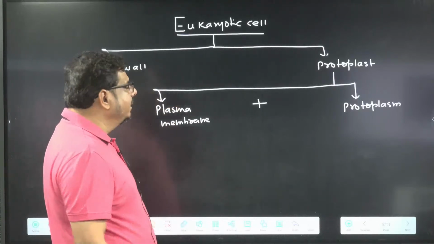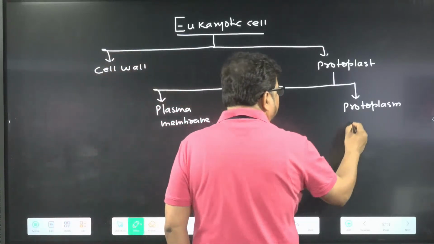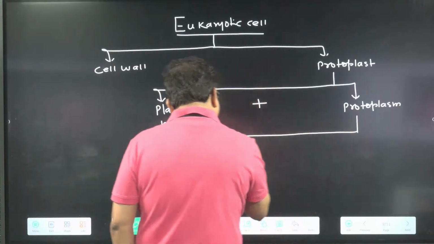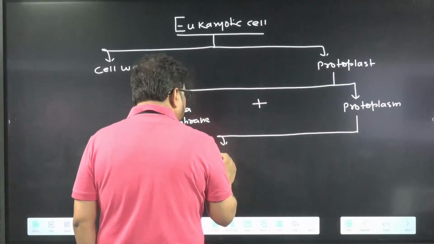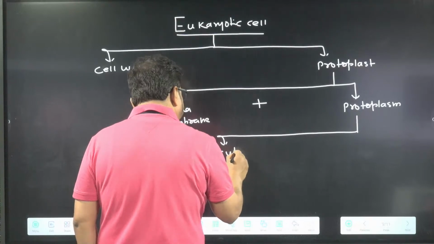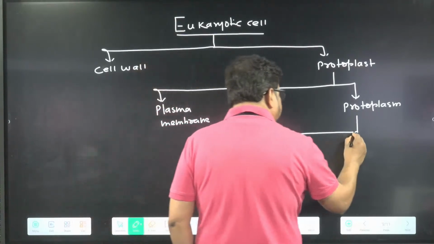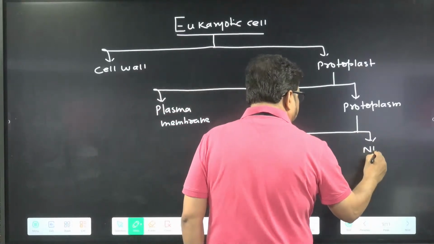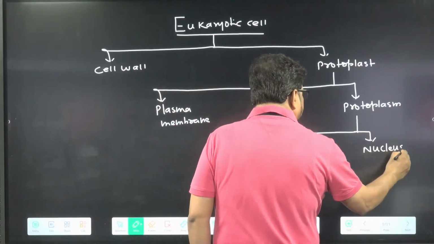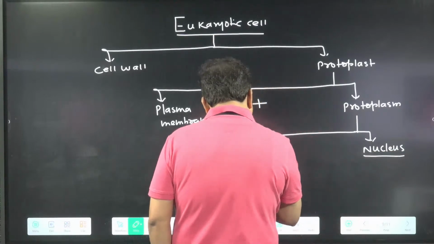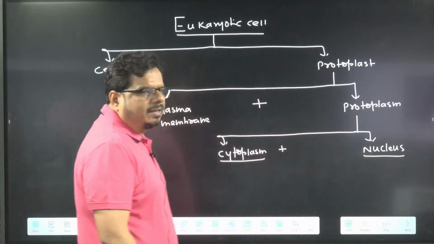All together we call it protoplast. Now this protoplasm further has two components. One is cytoplasm, and another component is nucleus. So you can say cytoplasm and nucleus together are called protoplasm.